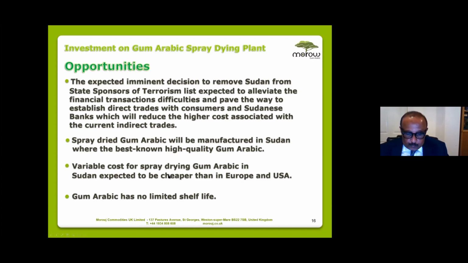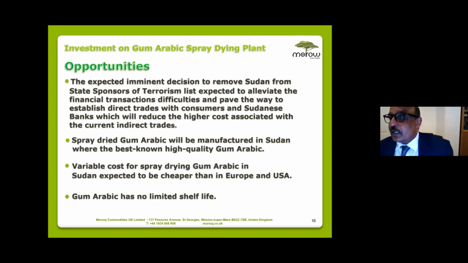Variable cost for spray drying gum arabic in Sudan is expected to be cheaper. Variable cost includes the cost of raw gum, and manufacturing cost is expected to be cheaper in comparison to Europe and USA. Also, spray drying in Sudan will allow us to use the byproduct, because the spray drying process has the ability to remove impurities.